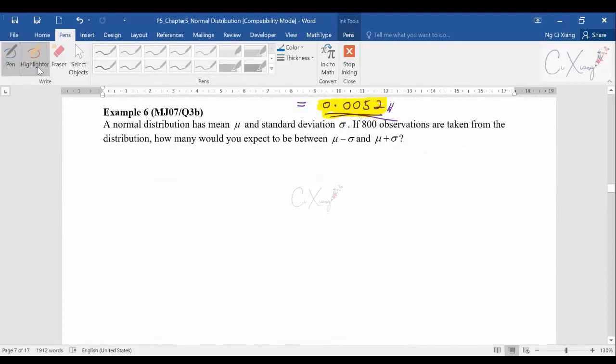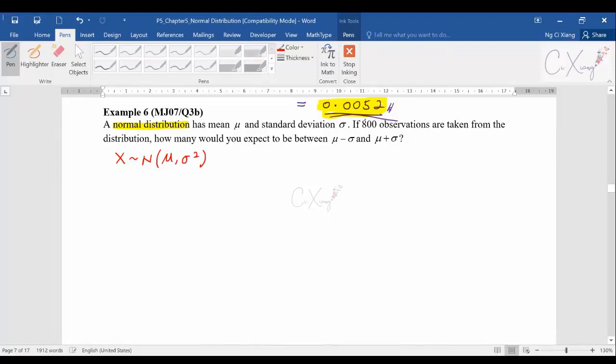Okay, so for this example, again, you can see the keyword normal distribution appears in the question. They tell you that the mean is mu and the standard deviation is sigma. You write that, and even if you don't know the values, never mind, just write it out.